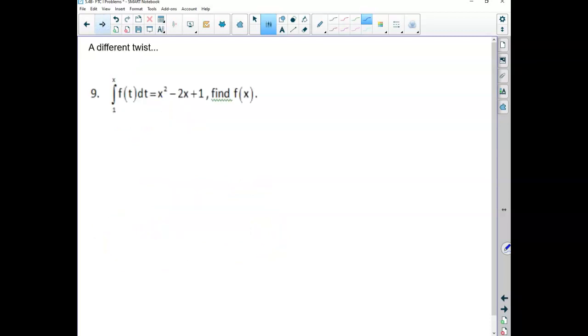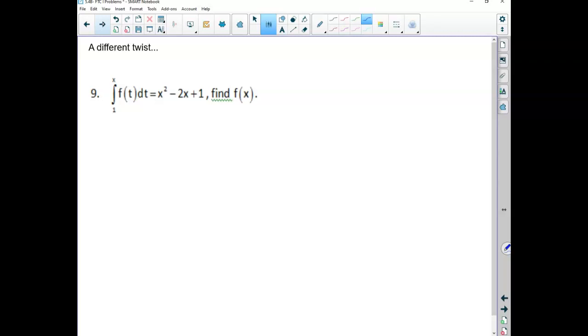This is actually an old AP question, and it's talking a lot about big F and little f. We want to know the integral from 1 to x of f of t dt. That actually equals x squared minus 2x plus 1. What is little f of x?